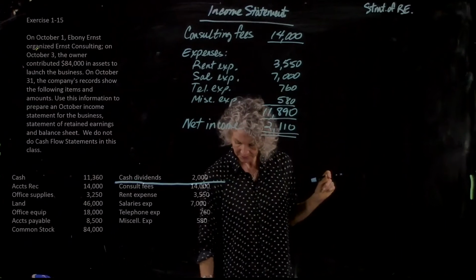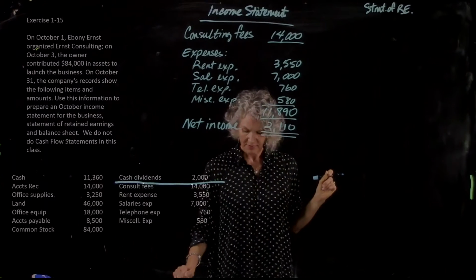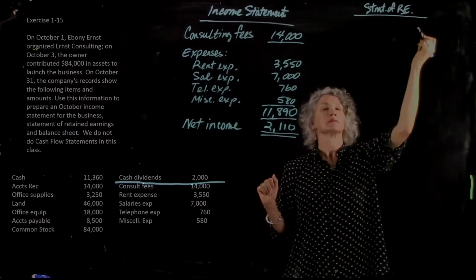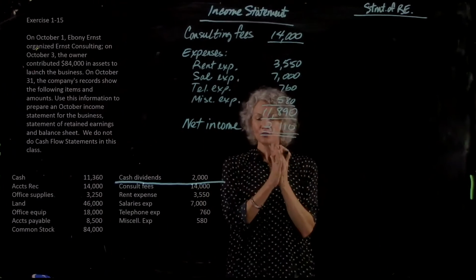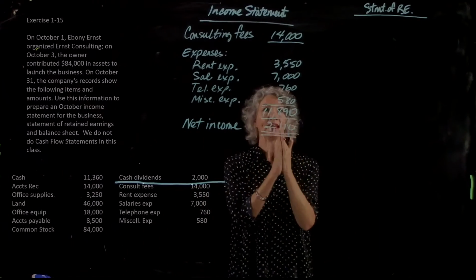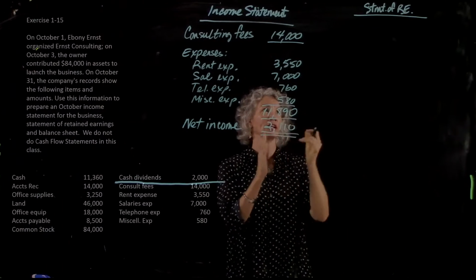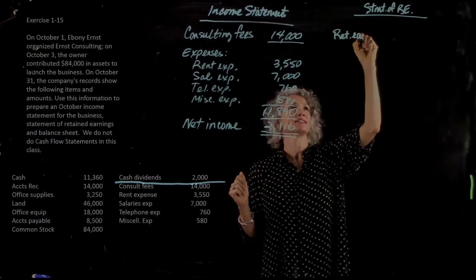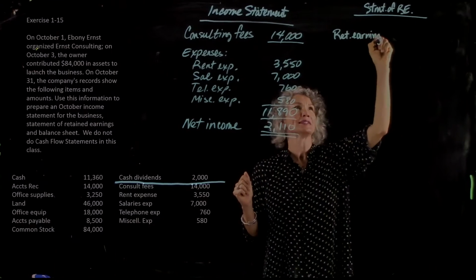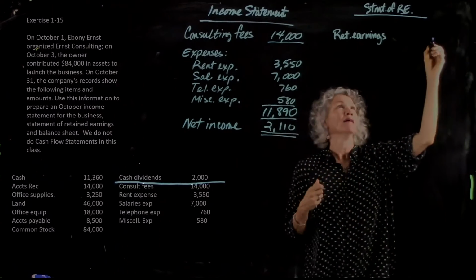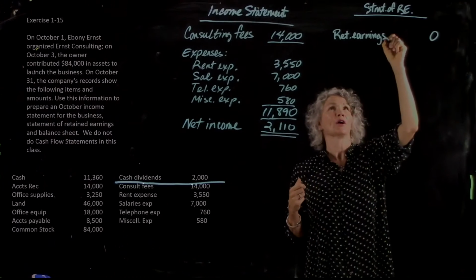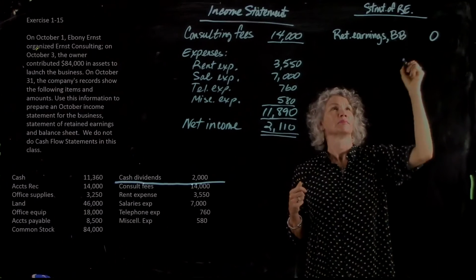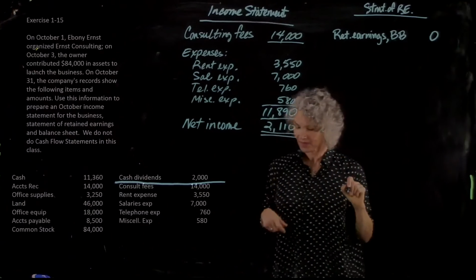Okay. So I've got this is a brand new company. So my beginning balance in retained earnings, which is exactly what it says, the earnings that are retained by the company, starts out at 0. Beginning balance.